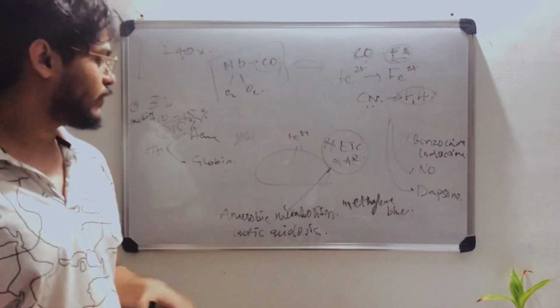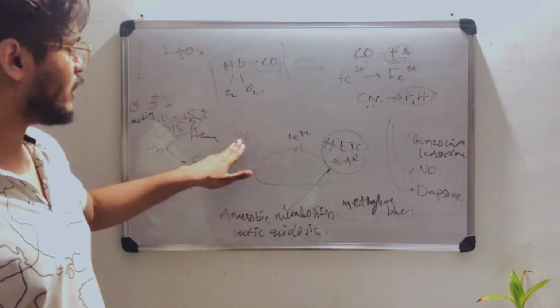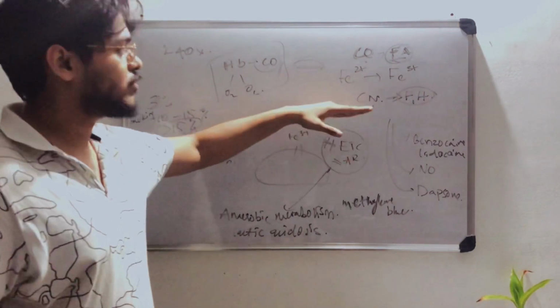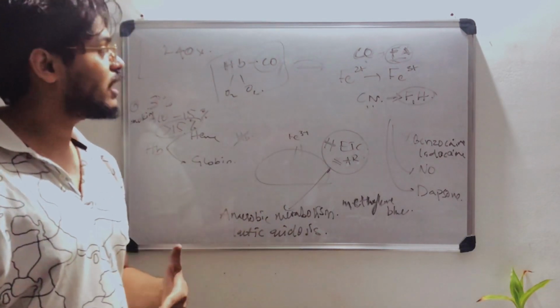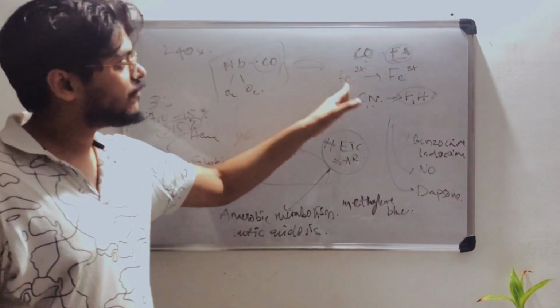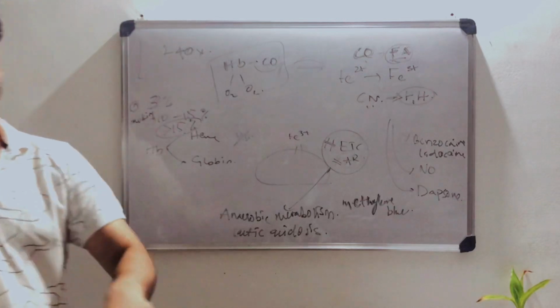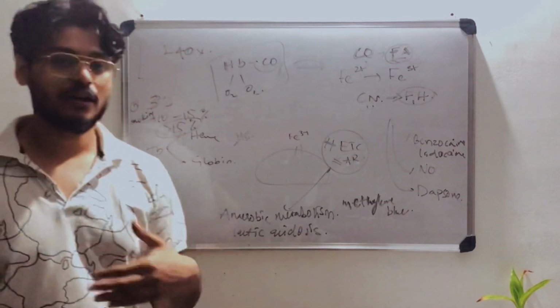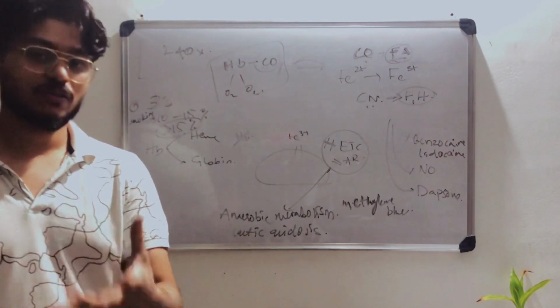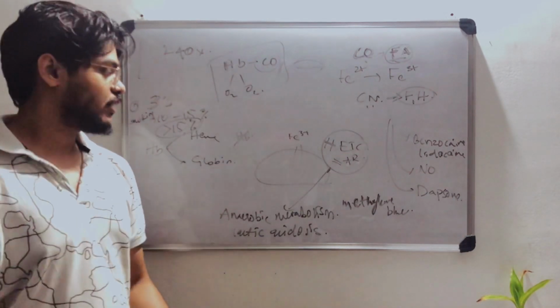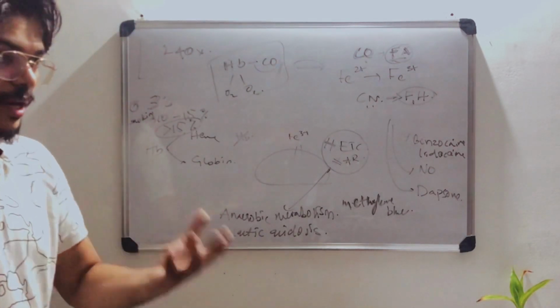We use amyl nitrate for that. So cyanide binds with that. But when we are converting Fe2+ to Fe3+ by amyl nitrate, we have methemoglobin, which is actually toxic, right? Okay. That's a disadvantage of using amyl nitrate.